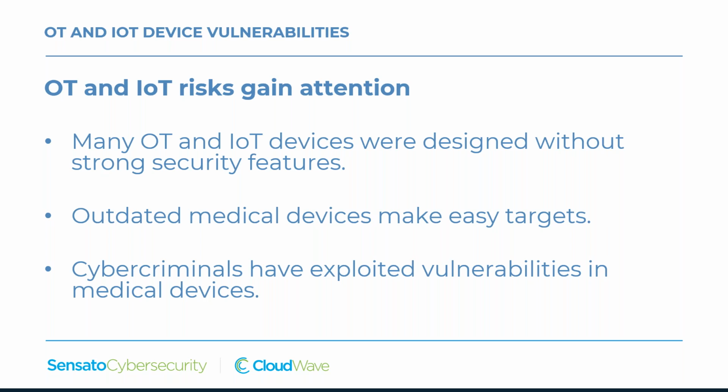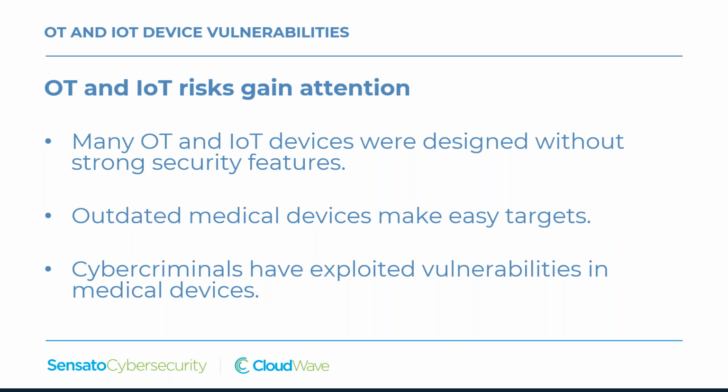OT and IoT. Now, a lot of times in IT, we think about the technology side of the house. We don't always think about the clinical side of the house. And when you look at OT and IoT, a lot of times that falls outside of IT scope. But what we're seeing is with a lot of these devices designed without strong security features, they become easy targets, especially medical devices.